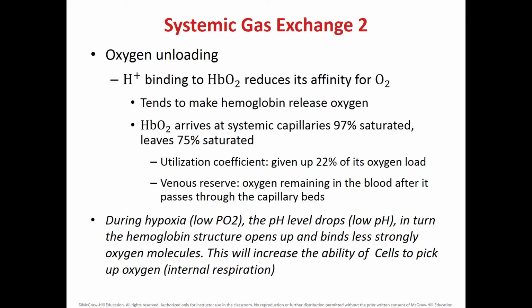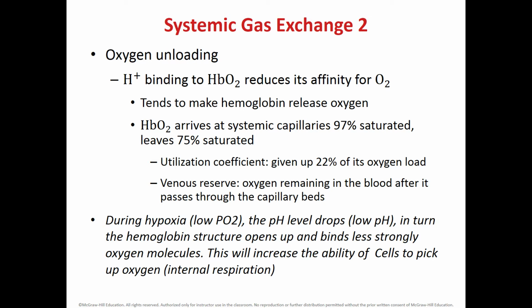Now here we have another key point for this chapter. Whenever you have low levels of oxygen, when you have hypoxia or low levels of PO2, your pH level will drop. So you will have low levels of pH, and in turn, your hemoglobin molecules will open up and bind less strongly to the oxygen molecules.